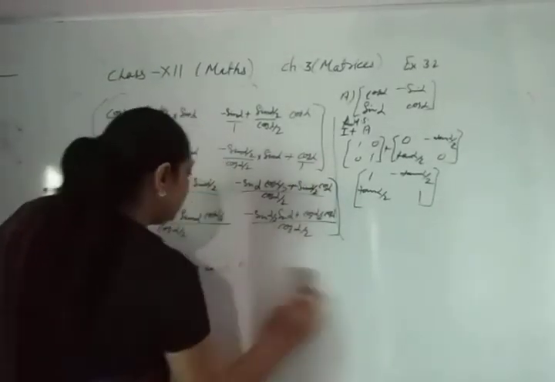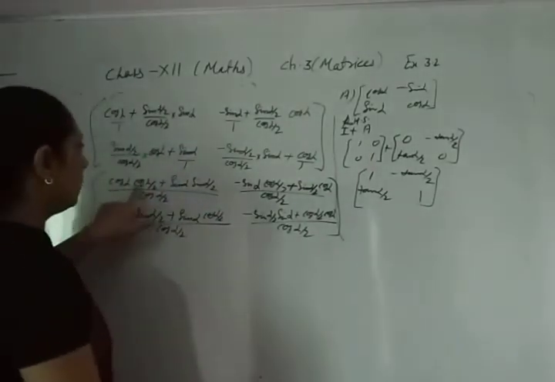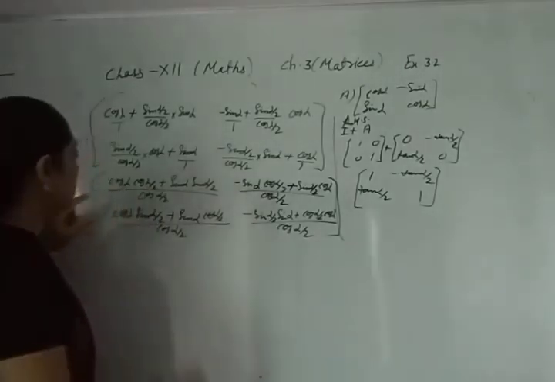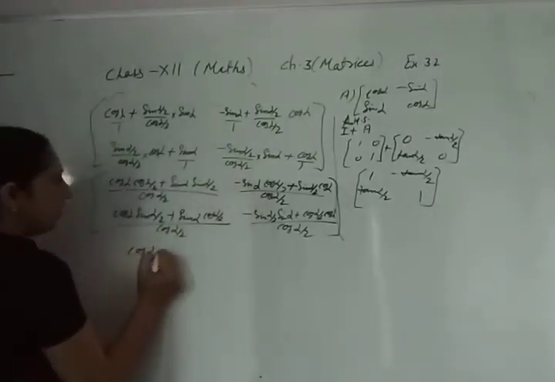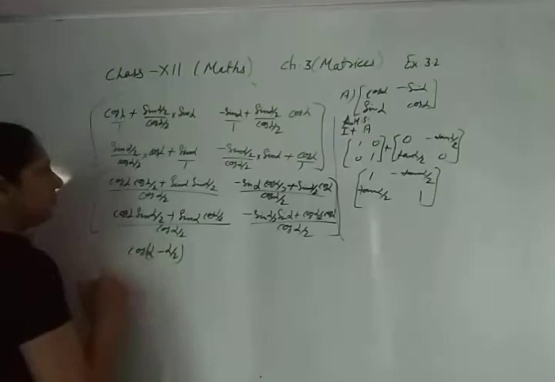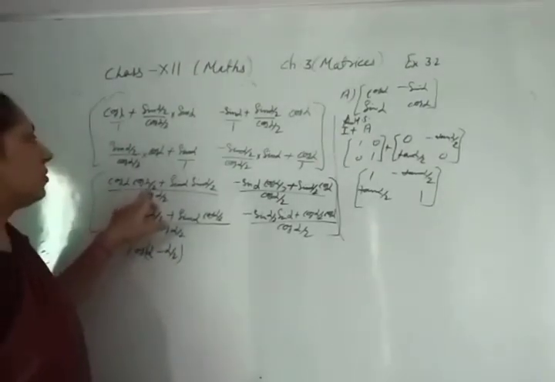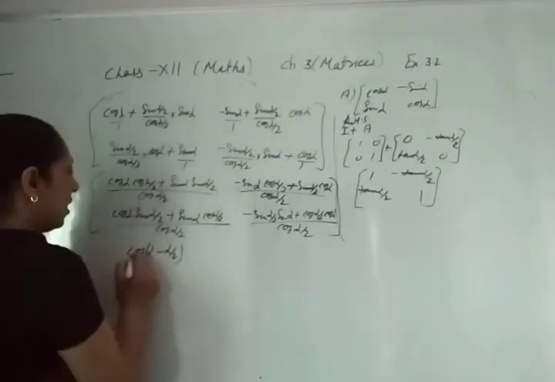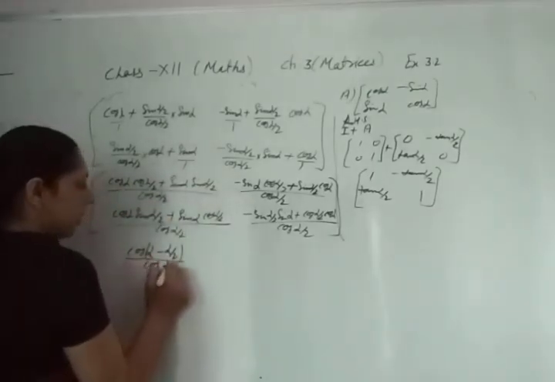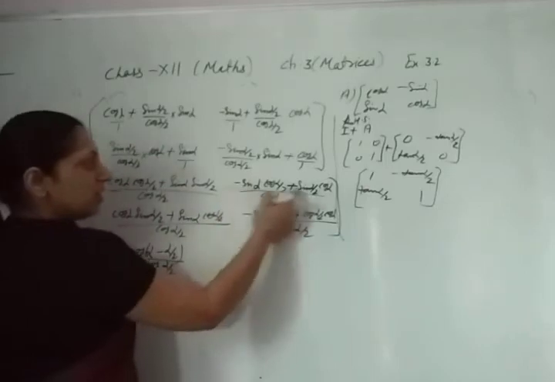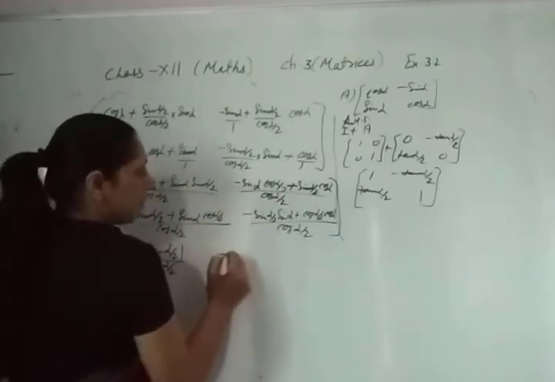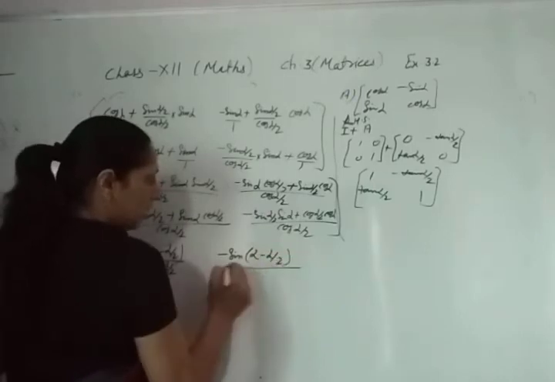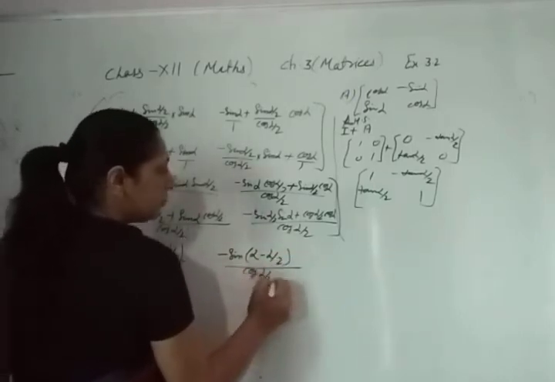Now solve this. Now this one is the formula for cos alpha minus alpha by 2. Cos A cos B plus sin A sin B, that is the formula for cos A minus B, upon cos alpha by 2. Similarly, this one is the formula for minus sin alpha minus alpha by 2 upon cos alpha by 2.